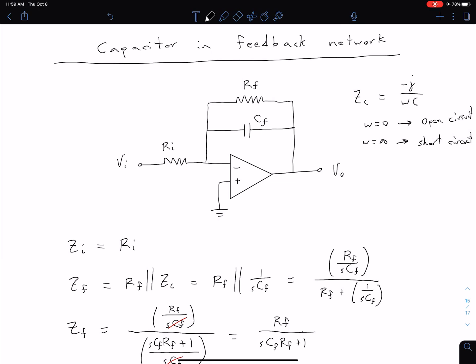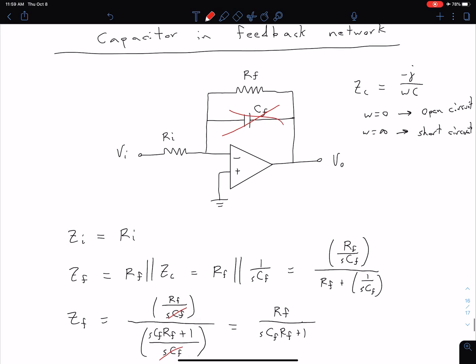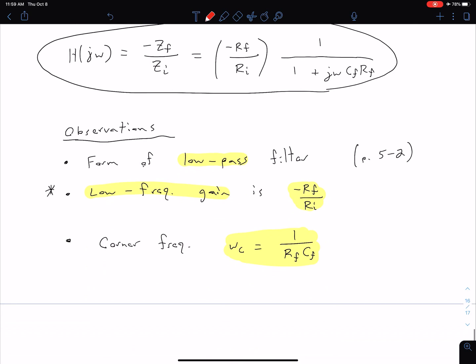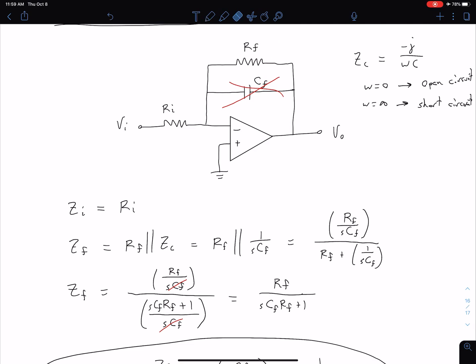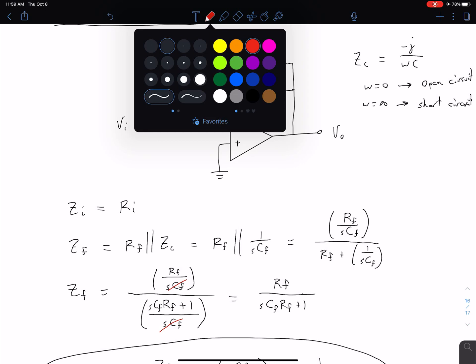So for low frequencies, with the capacitor being an open circuit, we essentially can ignore this capacitor and we just have our inverting configuration. We get this low frequency gain of negative Rf over Ri. However, at high frequencies, this capacitor can be approximated as a short circuit.